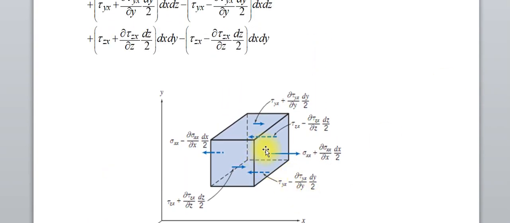So in this plane we will have the forces in x direction, but also in this plane we will have the forces in x direction. Okay, and also in this case we will have the forces in x direction.